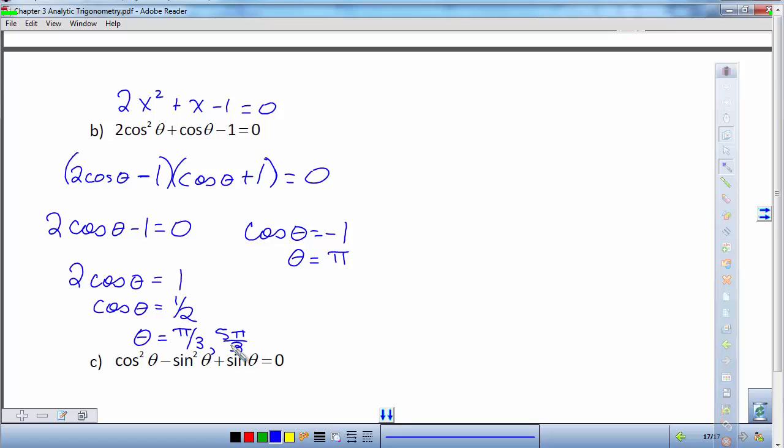So we get 3 solutions for this one: pi over 3, 5 pi over 3, and pi. Questions about that? So from all these, we find the solutions between 0 and 2 pi.